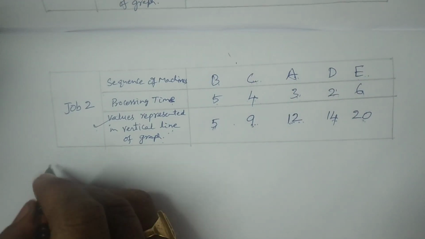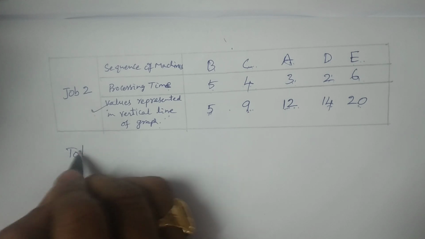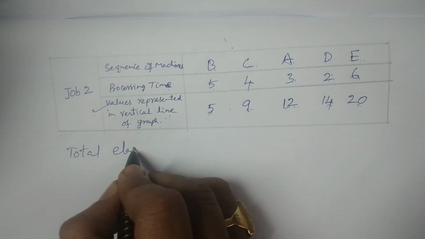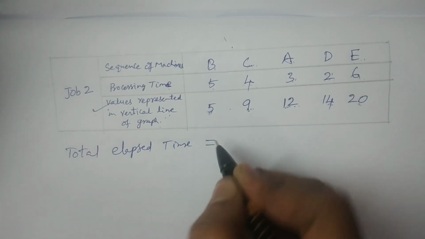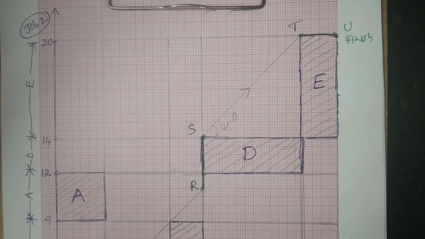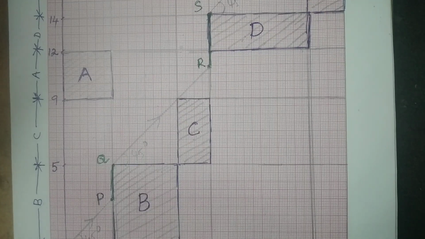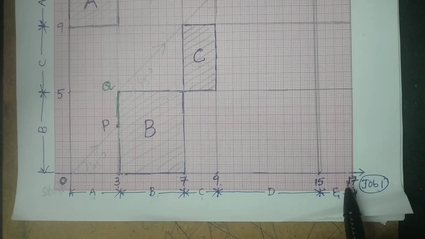So now I'm writing here the answer to the first question, the total elapsed time. It is going to be considered as 20 hours. Now I'll tell you one more point. If you move horizontally, job 1 is working.